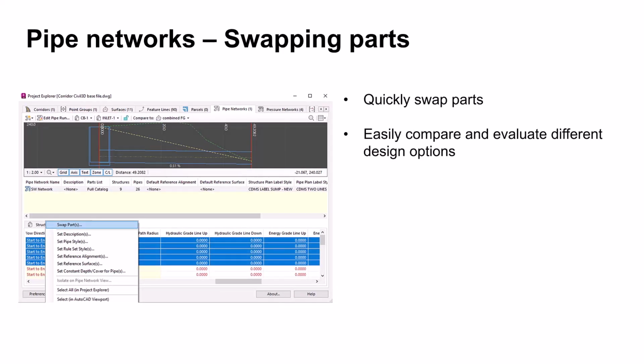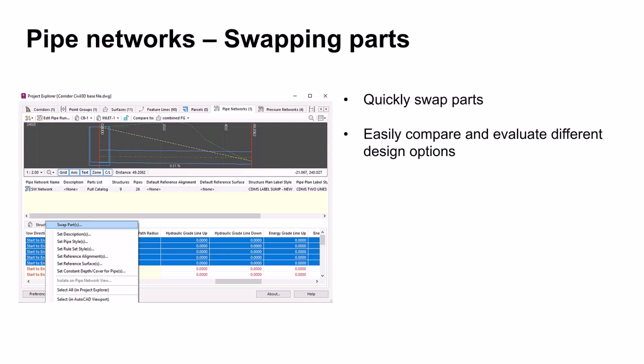Another handy feature in the pipe networks is swapping parts. So in the sub-objects pane, again, you can select a pipe network and then right-click on a particular object, and you can easily swap parts. You can use the part catalog, for instance, to swap from a 600mm manhole to a 400mm manhole, or maybe swap different pipe types.